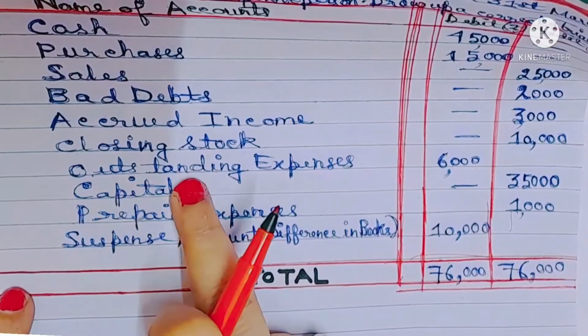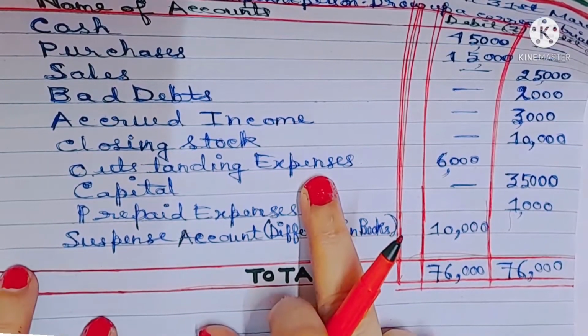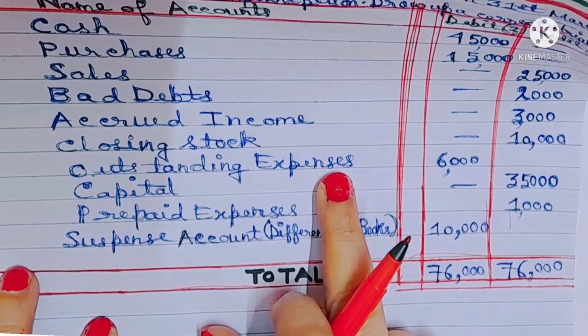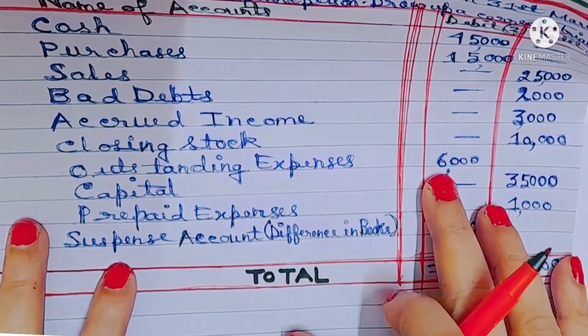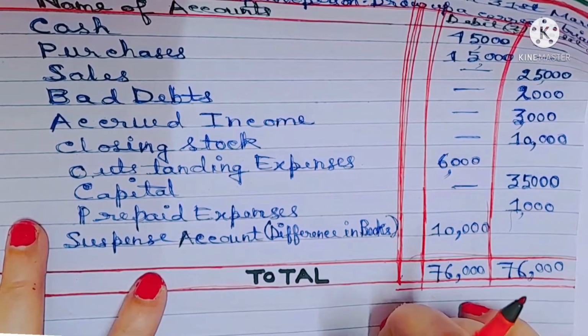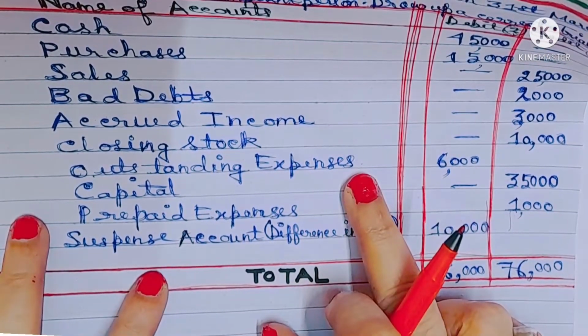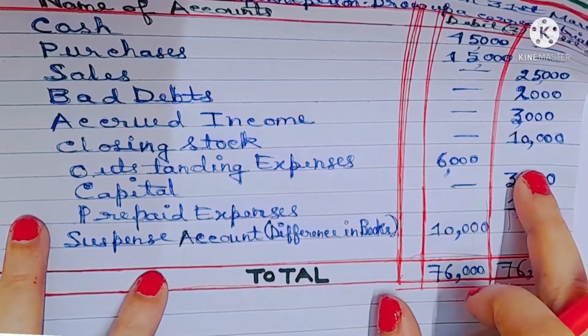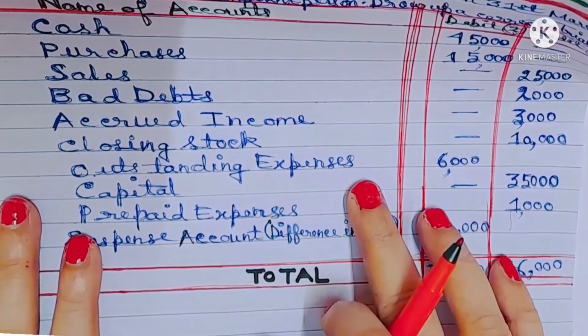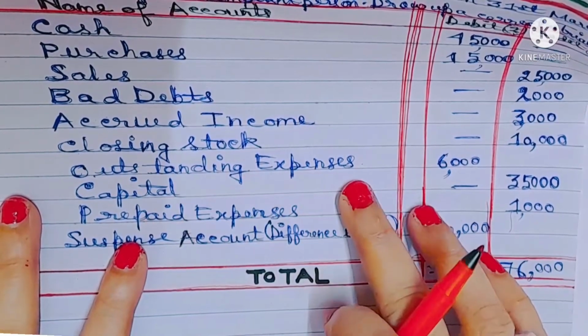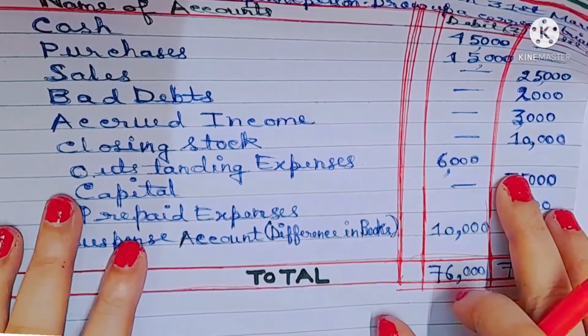The next account is outstanding expenses. Outstanding expenses is 6,000. Outstanding expenses has been wrongly written in the debit column. Outstanding expenses should have been written in the credit column. So let's rectify outstanding expenses and let's write outstanding expenses in the credit column.